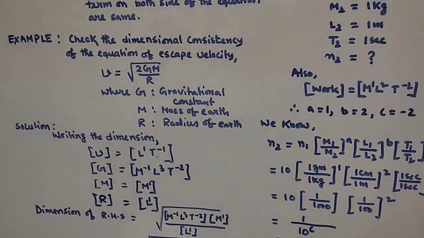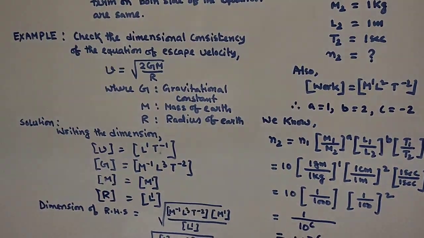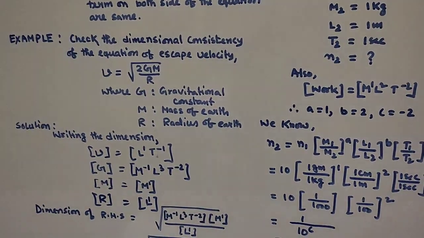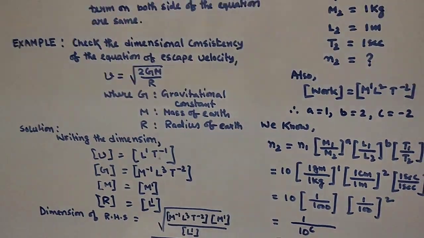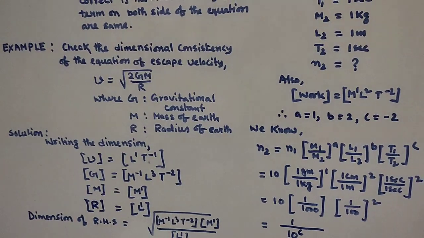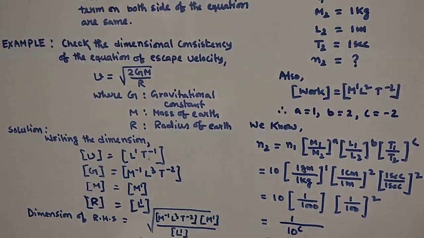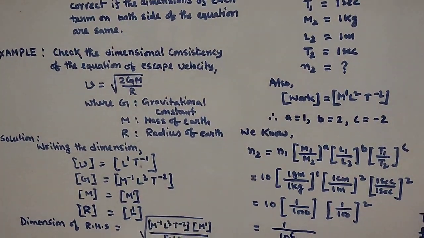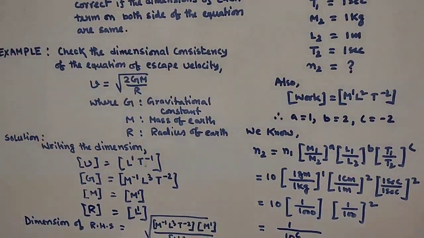parameter. So v is your L1 T minus 1, G part you try to find out by using the formula F equal to G m1 m2 by r square. So you will get M minus 1 L3 T minus 2. Check it out. Okay, if you can't, then tell me, I'll show you. So mass is M1 and radius is your length, so L1.